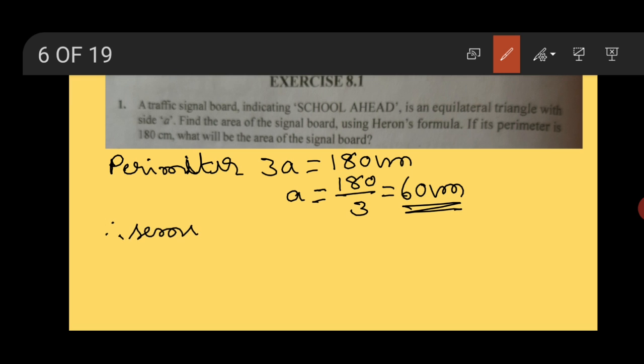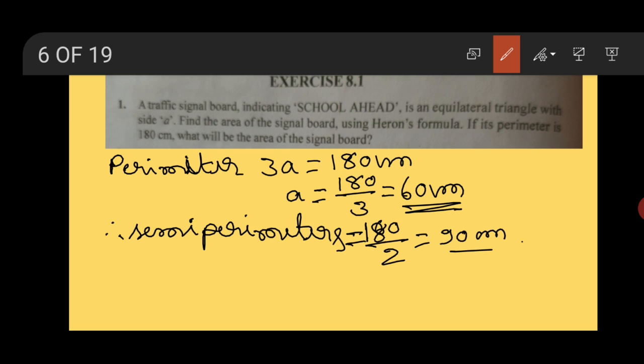And what is the semi-perimeter? The semi-perimeter is half of 180, which is 90 centimeter. Now what is S minus A?